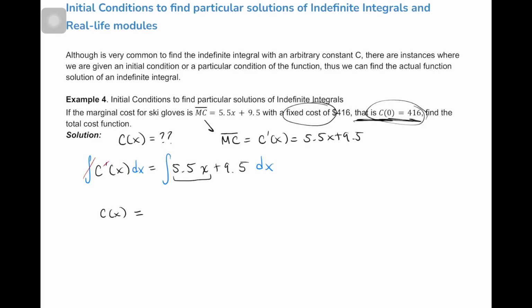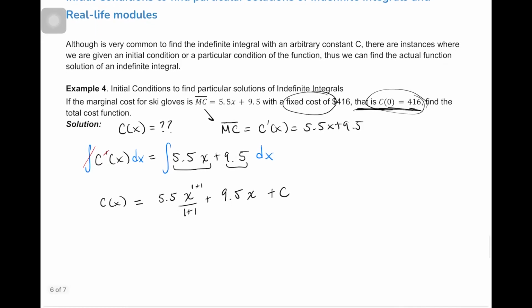This is the constant multiple rule, which means you carry the constant because it's a factor of this function. For the x part, you always think there's an imaginary 1 there, and we apply the power rule: add 1 and divide by the new power. For the constant, we just add the factor of x. And don't forget to always add the c, the arbitrary constant.